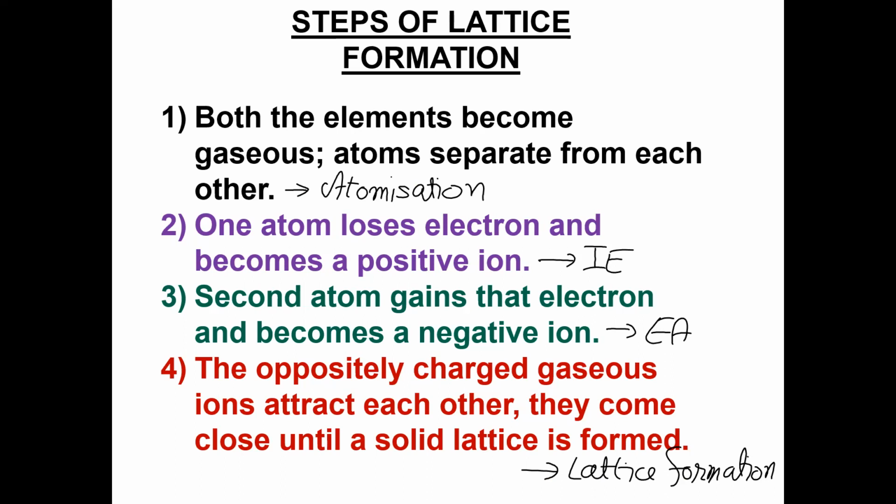You have to copy, because it's common. Whenever there's a positive ion, the atom will lose electron. Whenever there's a negative ion, the atom will gain the electron, and oppositely charged ions are always attracted to each other.